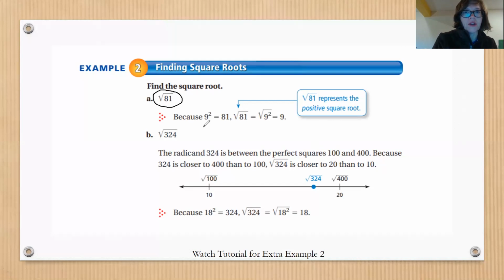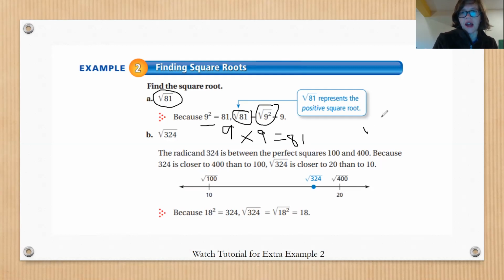So because we know that 9 squared, or 9 times 9, right, equals 81, right? Then the square root of 81, right? It's the same thing as 9 squared, which is equal to 9, okay?